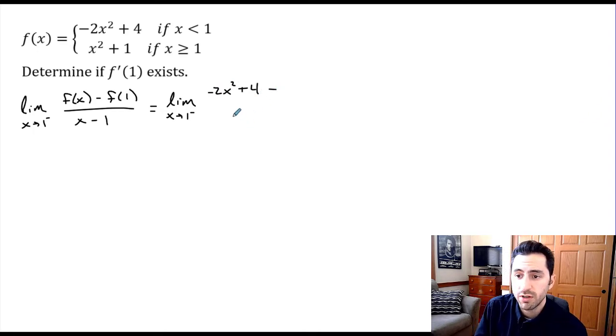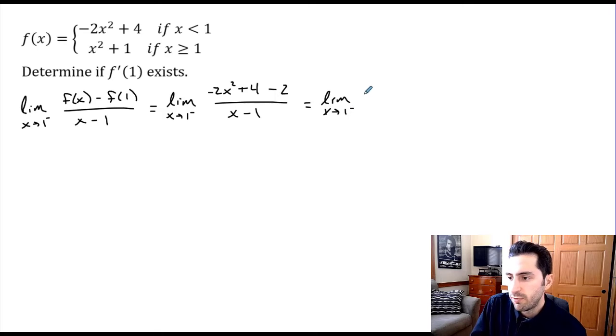So if I plug in 1 to this top piece, that's going to be negative 2 plus 4, so that's a positive 2. And then in the denominator, we've got x minus 1. Simplifying a little bit, we still have our limit. And 4 minus 2, the numerator is going to simplify to negative 2x squared plus 2.